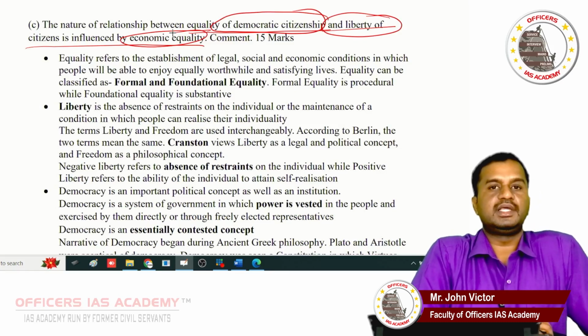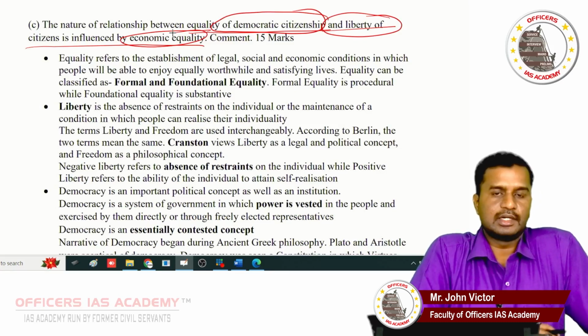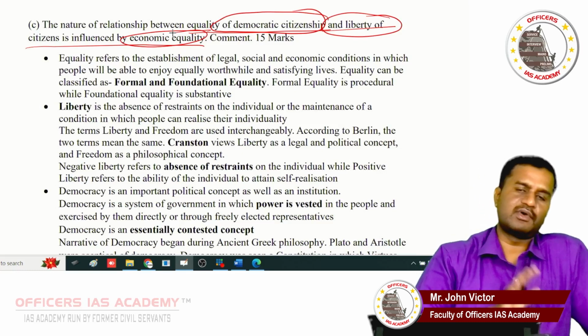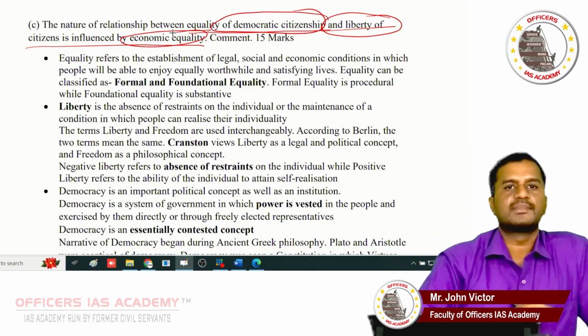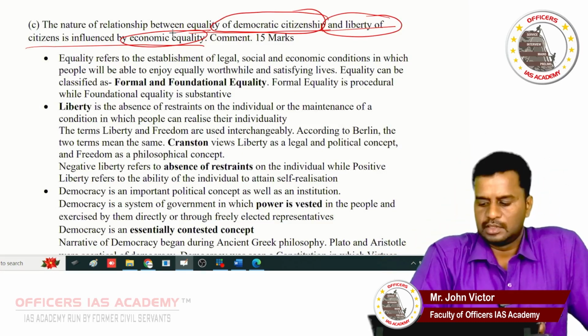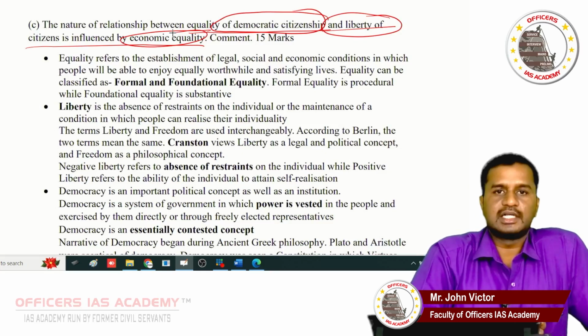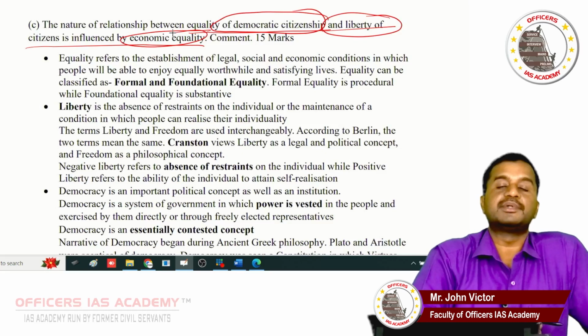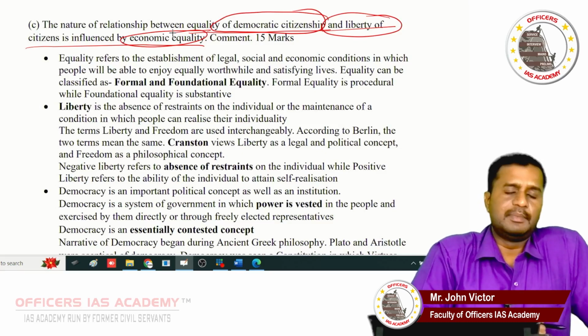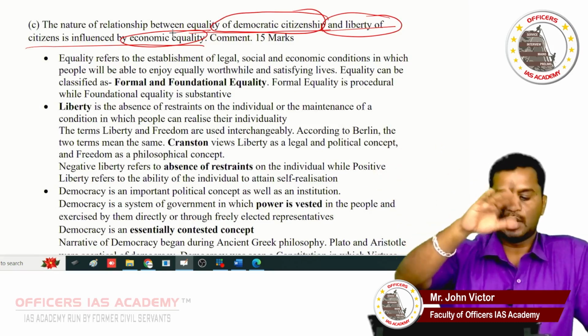Marxists and socialists don't simply agree with political equality alone. For liberals, equality is seen through political equality only. So liberty and equality are seen as complementary principles. On the other hand, they are also seen as contradictory principles. Liberals and conservatives see liberty and equality as contradictory principles. So you have to analyze.